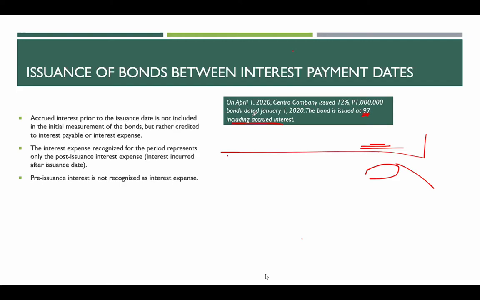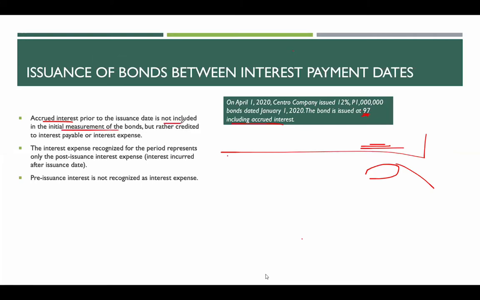Okay? Because the company is the one borrowing. So the bond is issued at 97, including the accrued interest. Meaning, the accrued interest is included in the price the investor paid. So the standard says we should not include the accrued interest in the initial measurement of the bond.